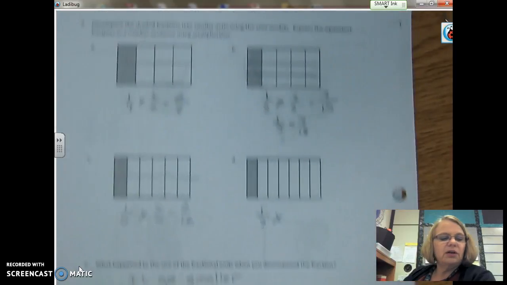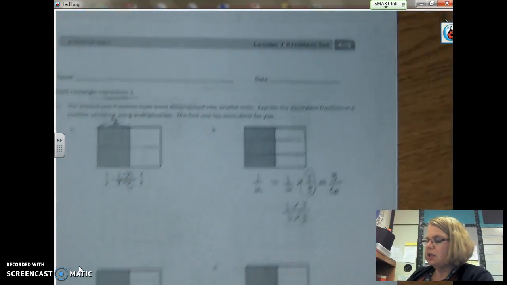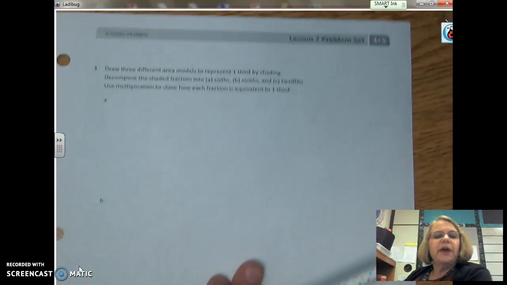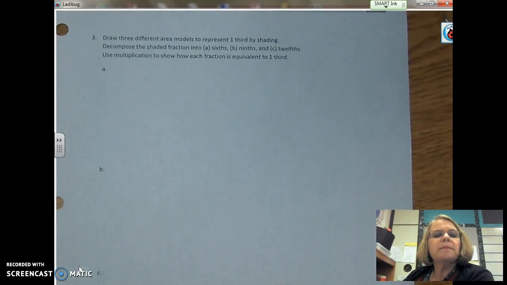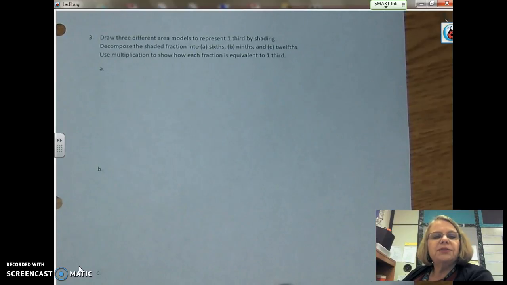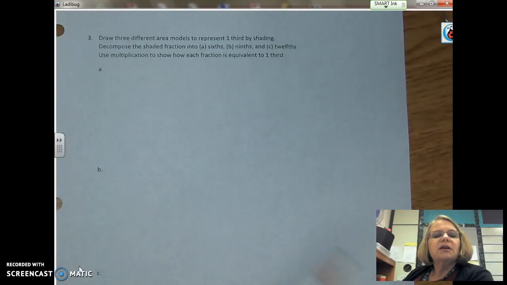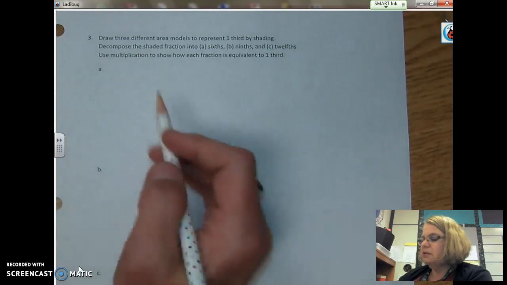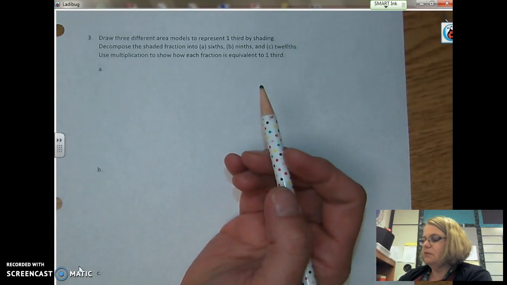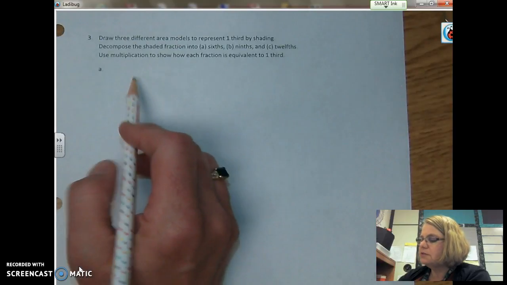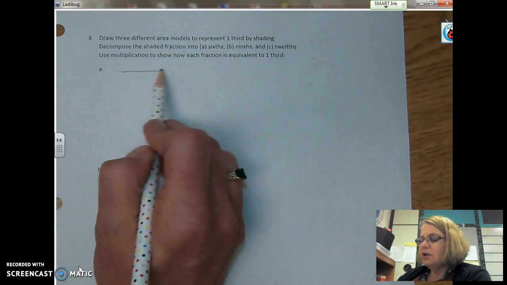Okay, we're going to look at the next page. This is basically what your exit ticket is going to look like tomorrow. It says draw 3 different area models to represent 1/3 by shading. Okay. 3 different area models. They're all going to be 1/3.